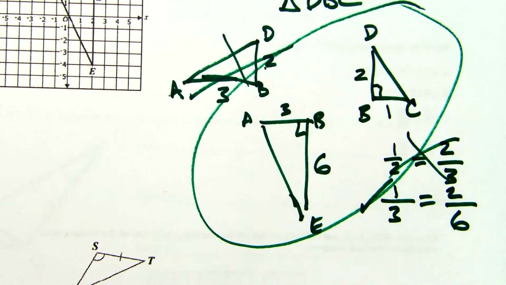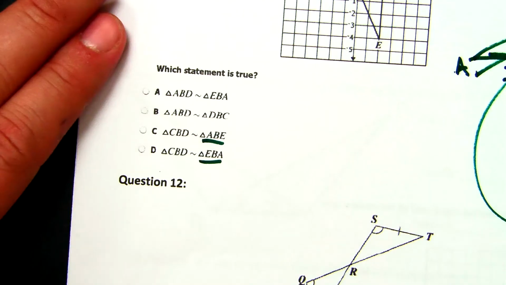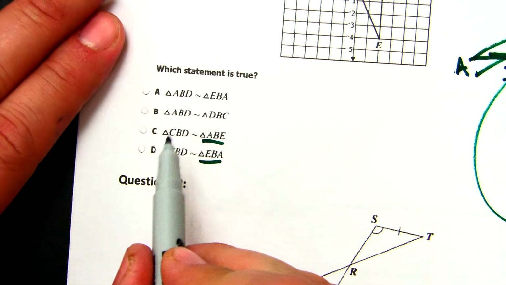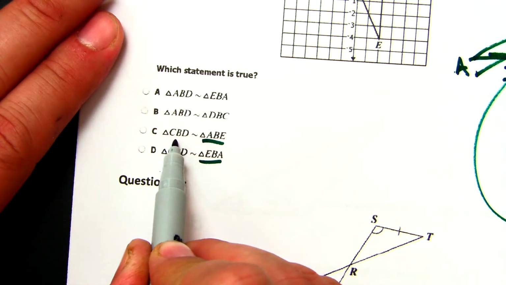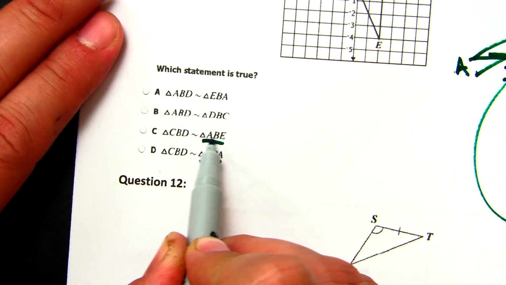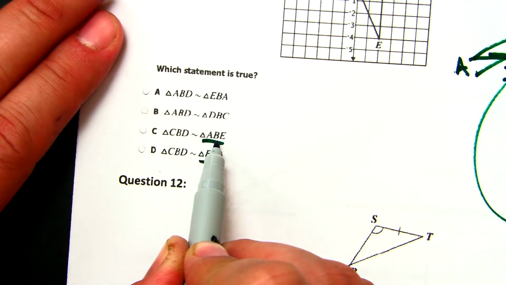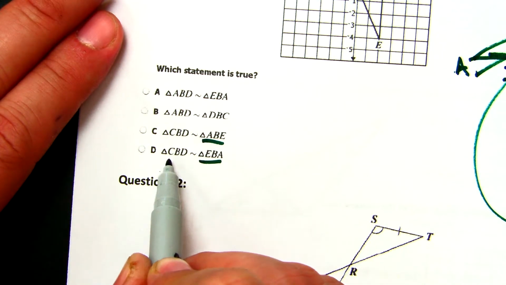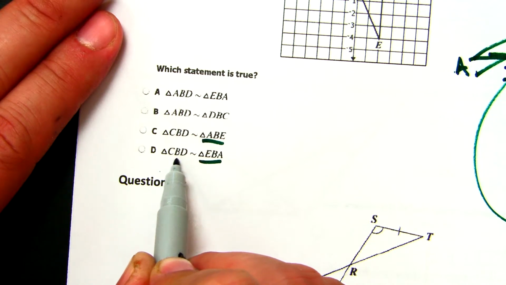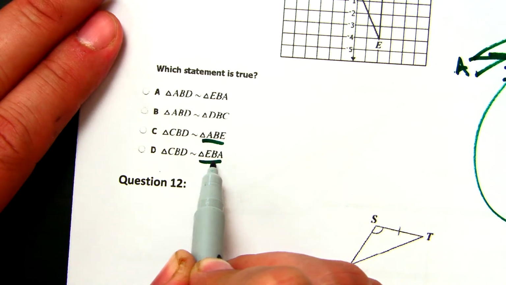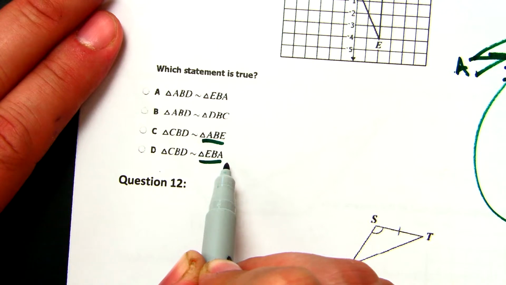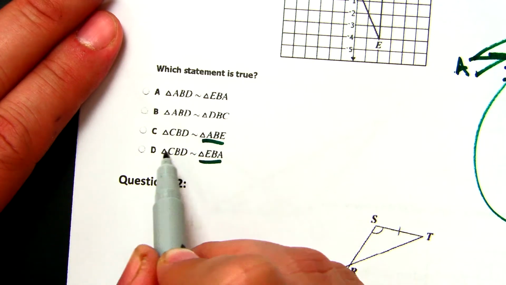That means that CB and AB should be in the same position in the similarity statement. Well, CB is the first two letters here, and AB are the first two letters here. So they're in the same position. That's good. If we look at D, though, CB is the first two letters, AB is the second and third letters. So that doesn't work.